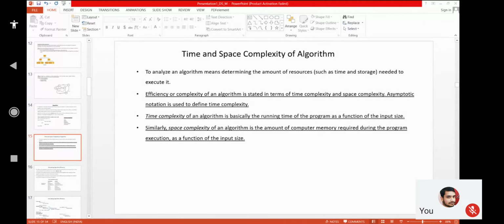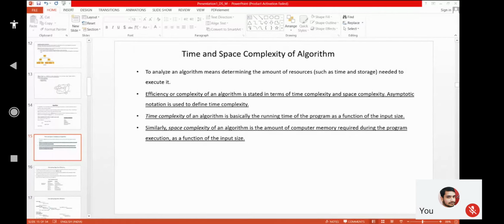One is known as big O notation. Another one is big theta. Why am I saying big? Because little o, little omega, little theta are also there. So this is big O, this is big theta, and this is big omega.